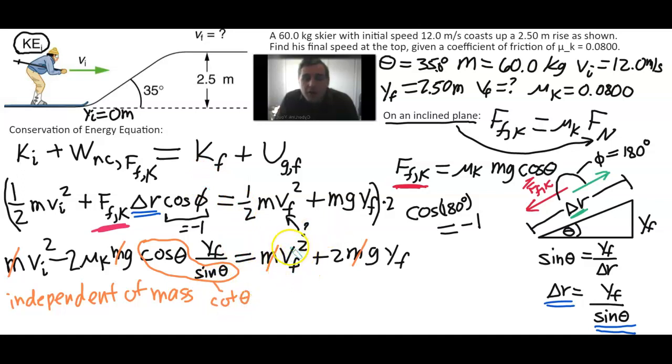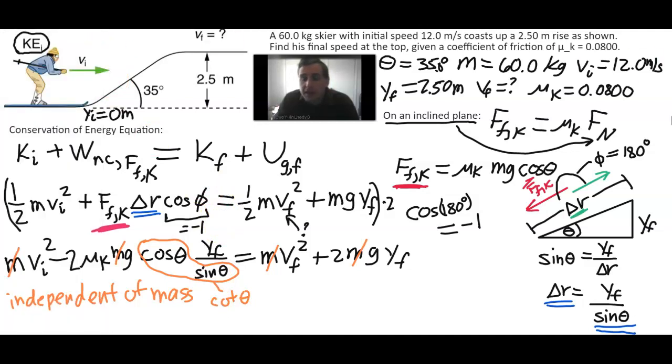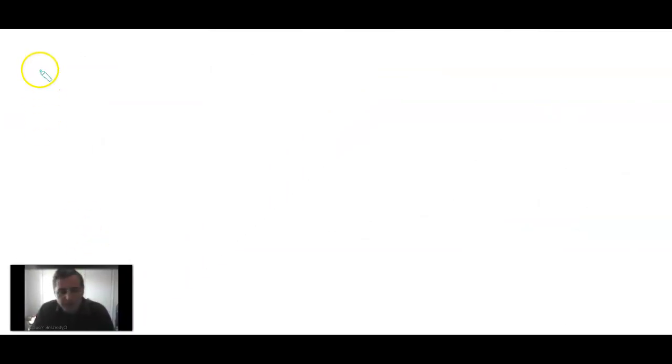And then again we want to solve for v final. So I think we want to move this term over, the 2g y final, with a minus and take a square root to get v final. So let us clean this up by moving on to the next page. Okay, so next page, we should have this for the conservation of energy equation.